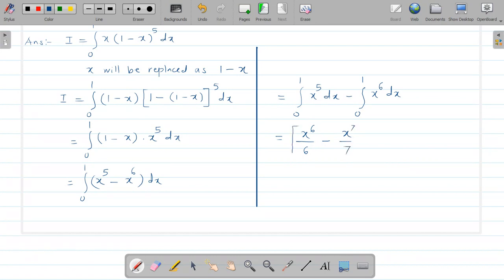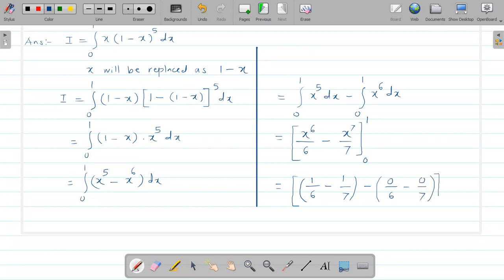Now you can take common bracket here from 0 to 1. Now by definite integration, first of all we have to put upper limit, that is here if you put 1, then 1 raised to 6 means 1 upon 6 minus here also we have to put 1, so 1 raised to 7, that is 1 upon 7 minus we have to put lower limit also, so 0 upon 6 minus here also 0 upon 7.